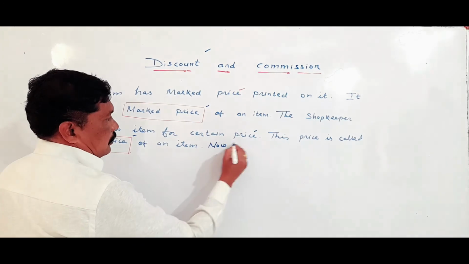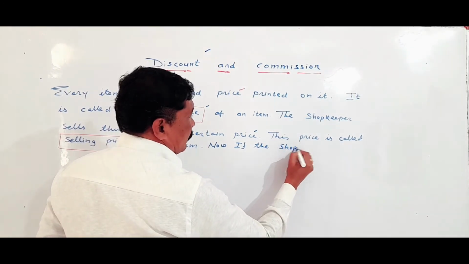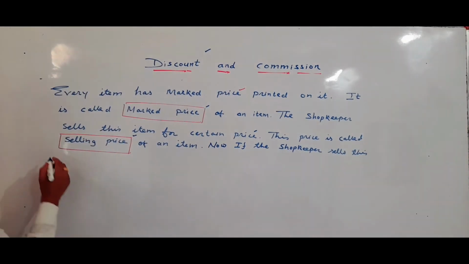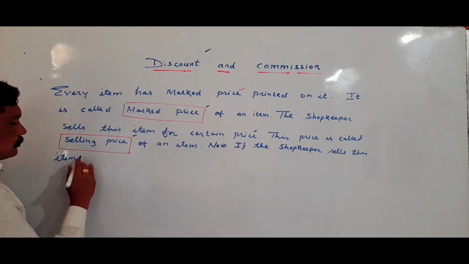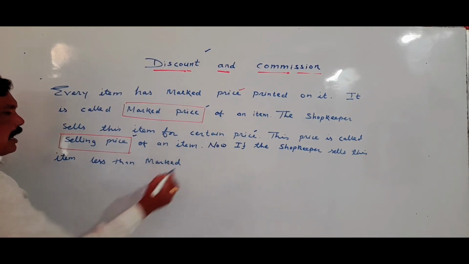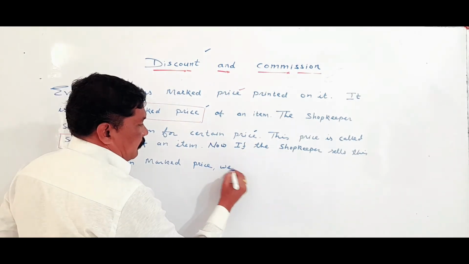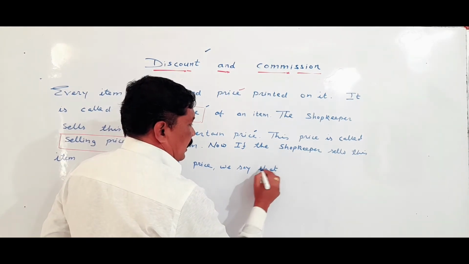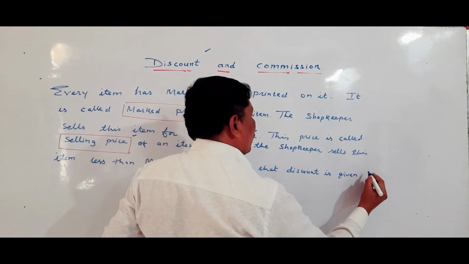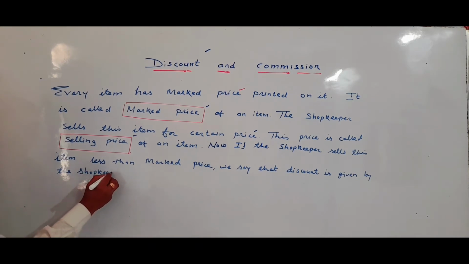Now, if the shopkeeper sells this item less than the mark price, we say that discount is given by the shopkeeper.